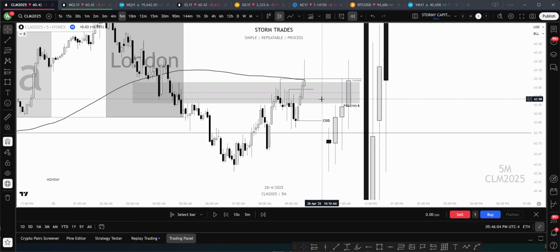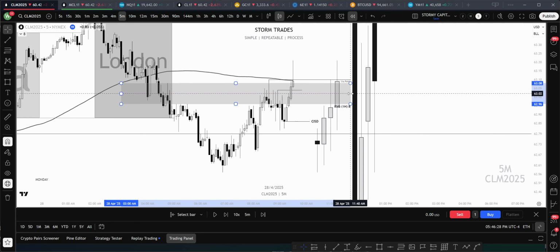No. We talked about invalidation. My invalidation for this was a strong hourly close through the bearish hourly fair value gap. Had we done that, I wouldn't necessarily have started looking for longs, but this idea that I had with regards to what narrative was playing out would have been, in my opinion, incorrect. So I'm keeping that in mind.